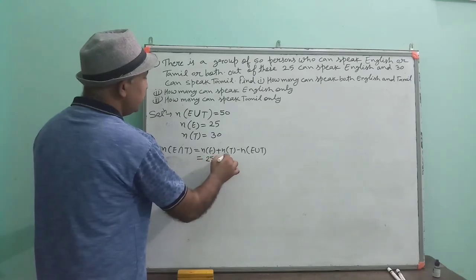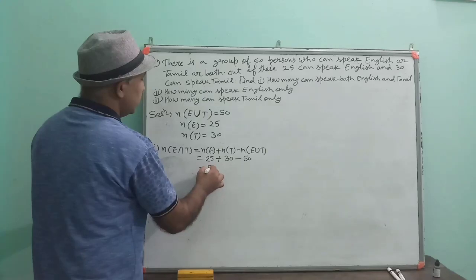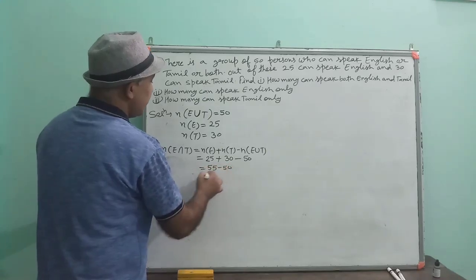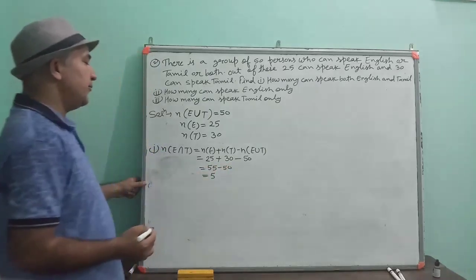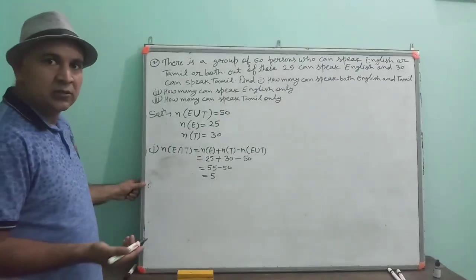This is 25, this is 30, minus 50. 55 minus 50 means 5. There are 5 persons who are using English and Tamil both.